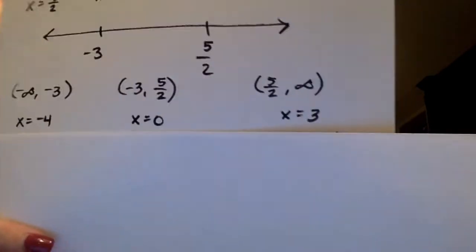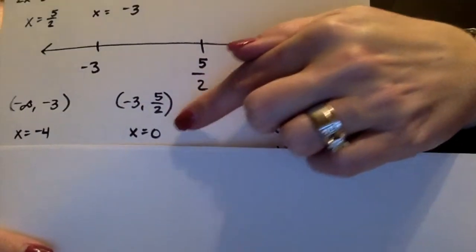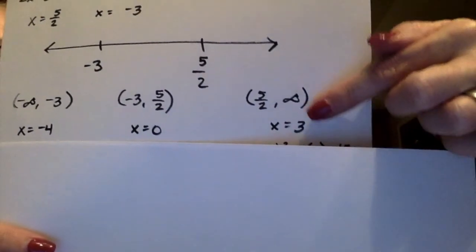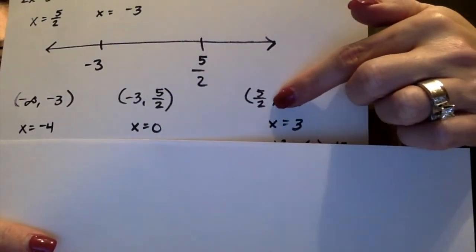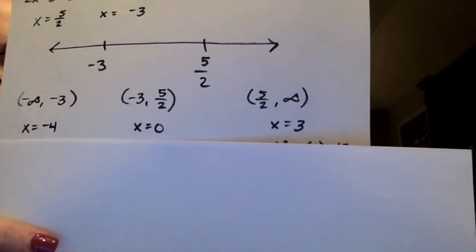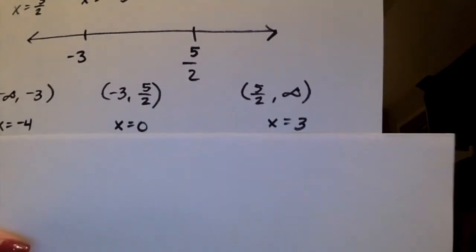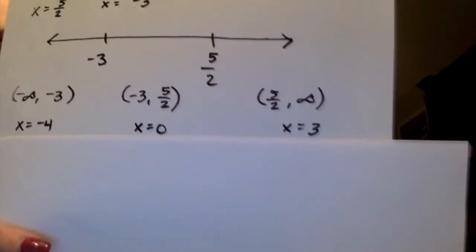Anytime I can, I'm always going to choose 0 as one of my test values. And then here I'm going to choose again something just inside this interval. I don't need to choose something like 587. That would be silly for us to try to calculate, and there's no point to that. I just need to work with some numbers that I can deal with.